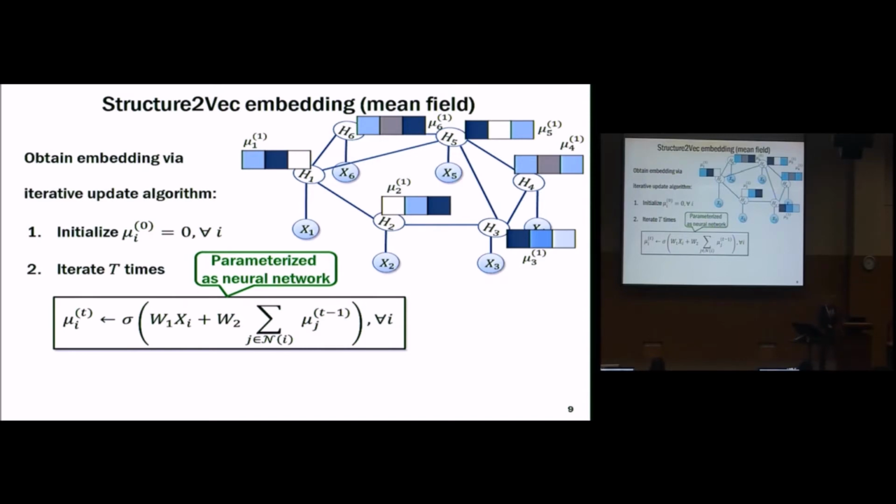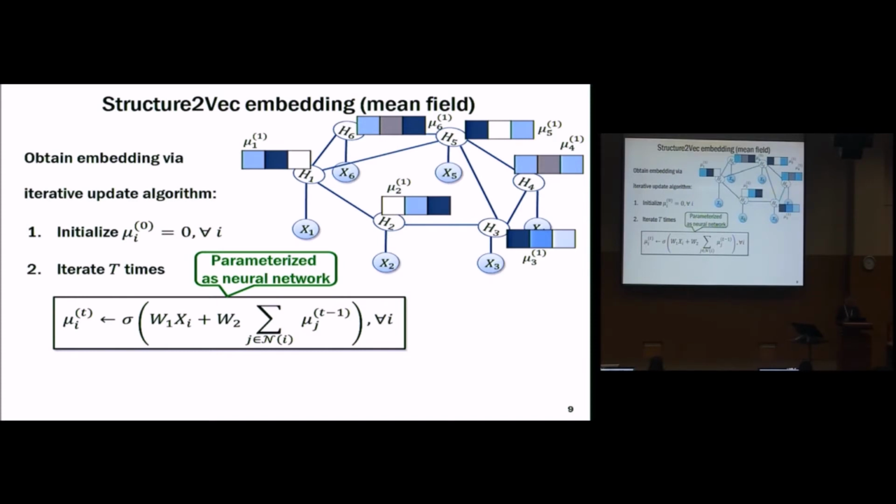But after a few iterations, after T iterations, the information is going to propagate through the network. And then the embedding is going to incorporate information from neighbors farther and farther away. Okay? If you iterate T times, effectively you are incorporating information from the neighborhood T hops away. This is the intuition behind it.